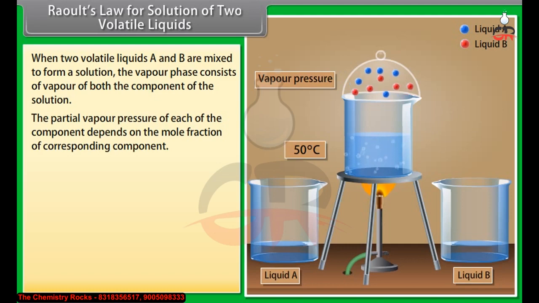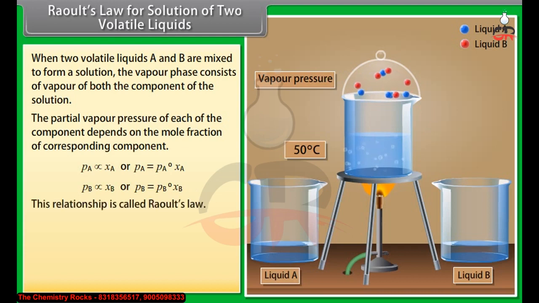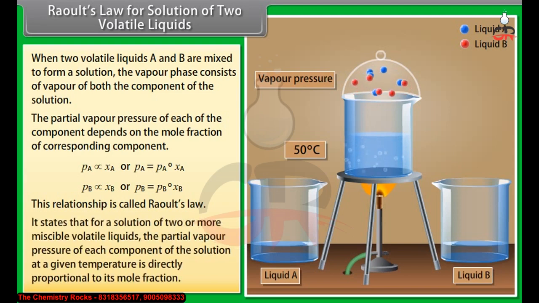PA = PA⁰ × XA, and PB = PB⁰ × XB. This relationship is called Raoult's law. It states that for a solution of two or more miscible volatile liquids, the partial vapor pressure of each component of the solution at a given temperature is directly proportional to its mole fraction.